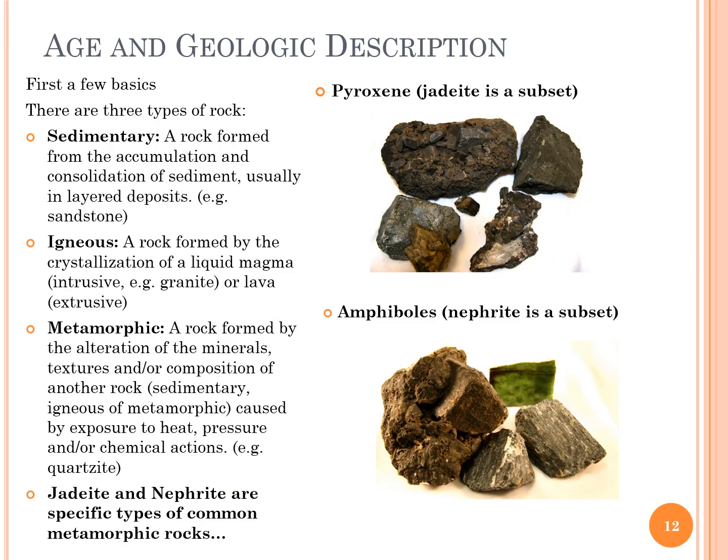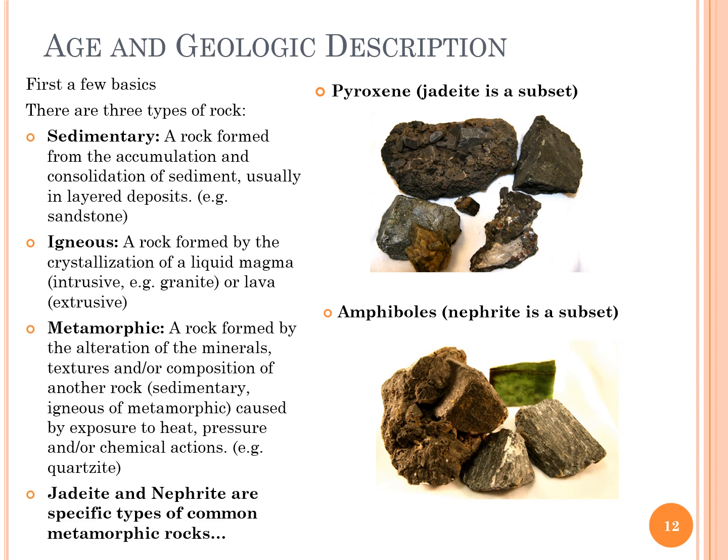Now, if we go into the age and geologic description of jade, and specifically nephrite, let's just start with a few basics. So we talked about in the past how there are 3 major types of rock: sedimentary, igneous, and metamorphic. You probably know that already. A core component of igneous rocks, and occasionally metamorphics, are 2 major types or subcategories of particularly ferromagnesian rocks, and they're pyroxene and amphibole.